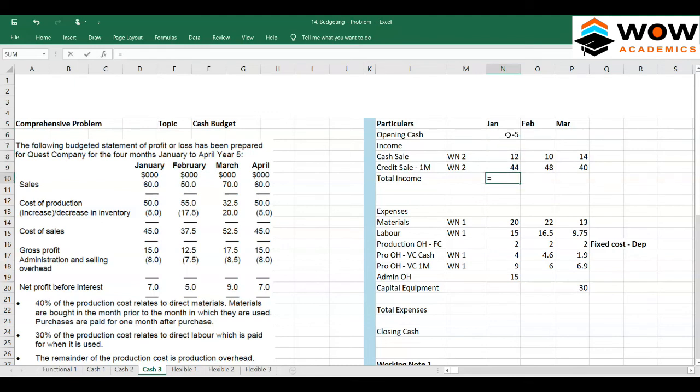So the total income would be the sum of all these numbers, and the total expense would be the sum of all these expenses, and our closing cash should be total income minus total expenses. Okay, it is minus 14.